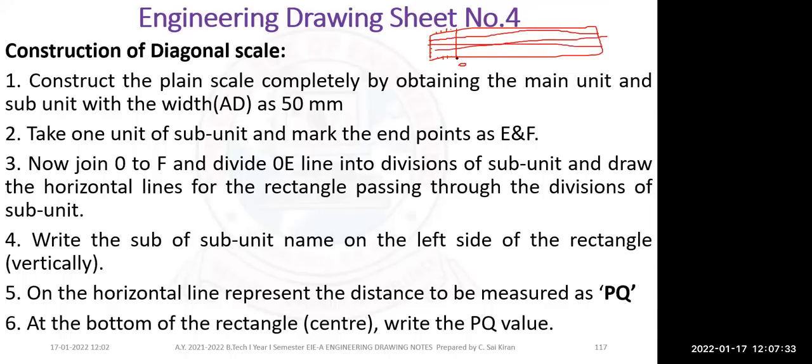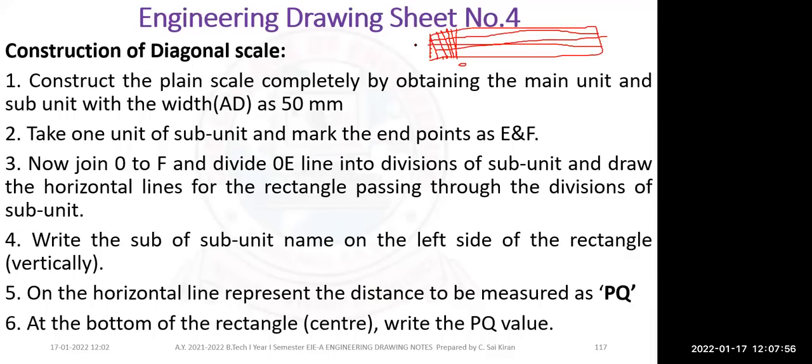Then 0 will be touching the first point, and the 1 will be touching the second point, and the third bottom point will touch the fourth point at the top. Bottom fifth point will touch the sixth point at the top. Bottom 9th part will touch the 10th point at the top.